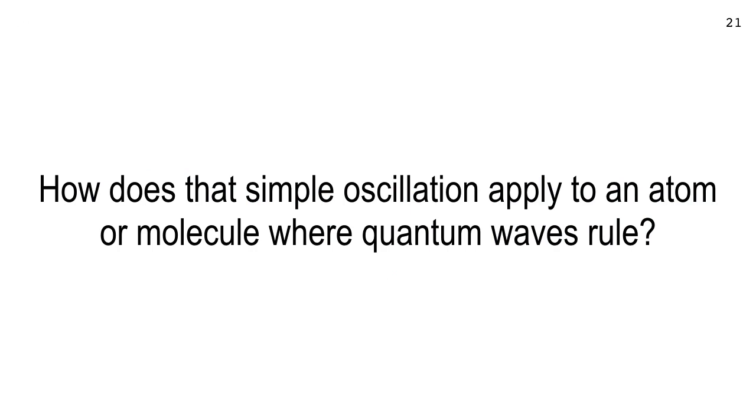So how does that apply to an atom or molecule or a quantum wave? When we're talking about an atom or molecule, that's our main topic for today. And actually, we're going to talk about molecules and molecular bonding and stuff. Those aren't springs down there. Those are quantum waves. So that's a different kind of critter.